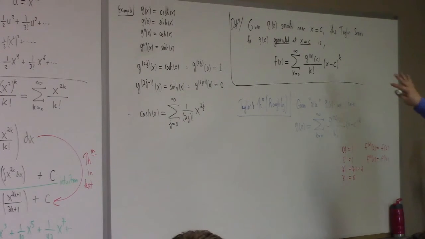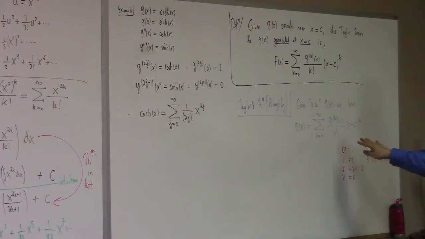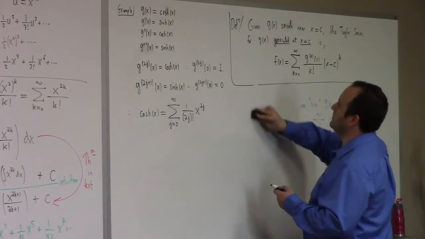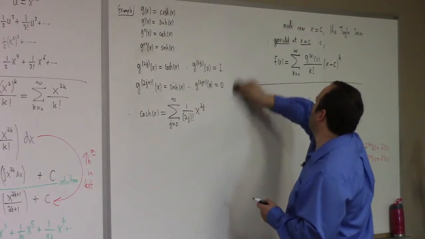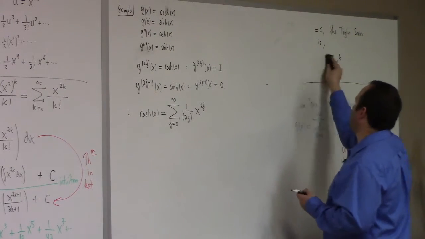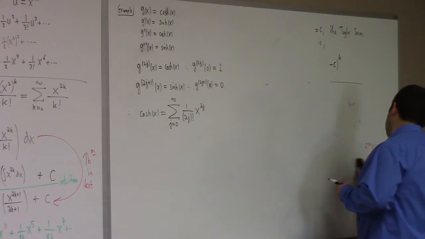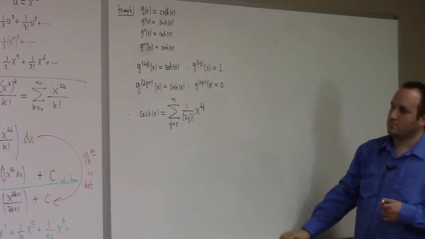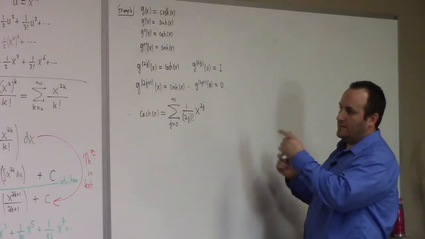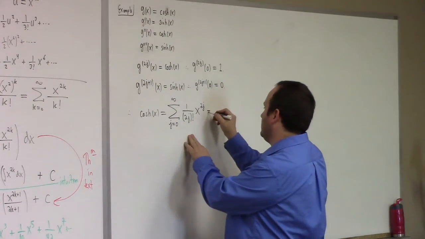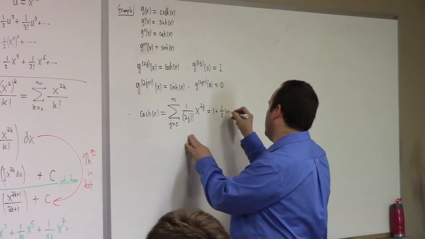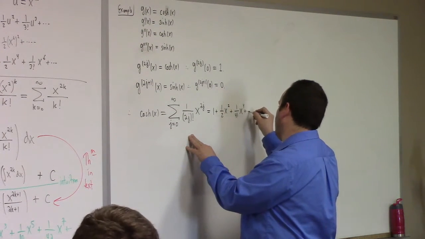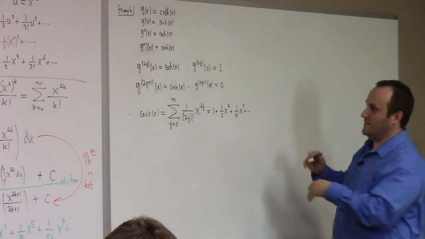I'm going to erase it because I want to write another example here parallel to that one so we can look at it. So, okay. What does this actually look like? This is 1 plus 1/2 x squared plus 1 over 4 factorial x to the 4th plus dot, dot, dot. Okay? That's it in detail.